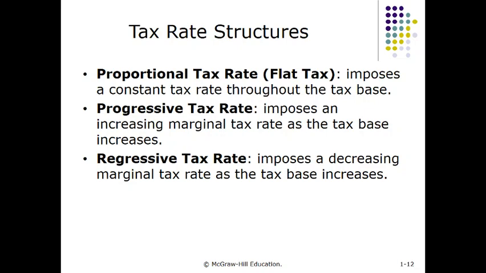It imposes a constant rate throughout the tax base. A common example of a proportional tax rate would be sales tax. If you live in a state that has sales tax, it's a flat rate, and everybody pays that rate.